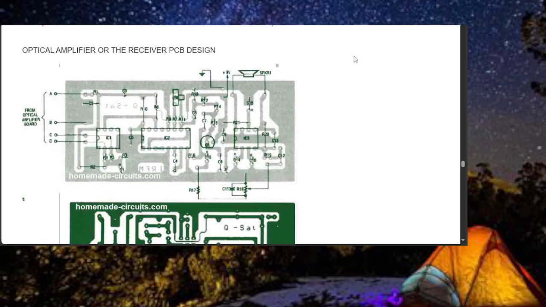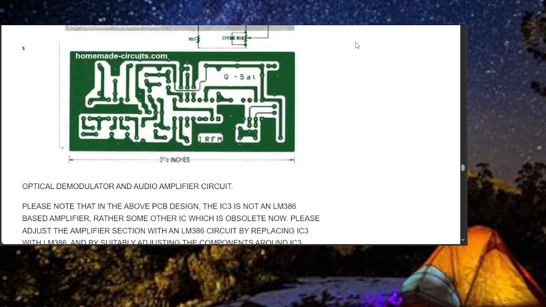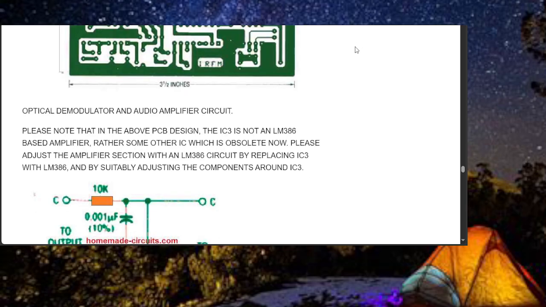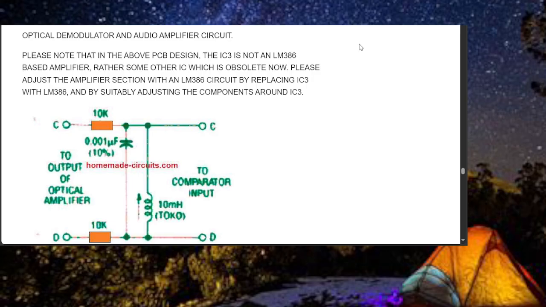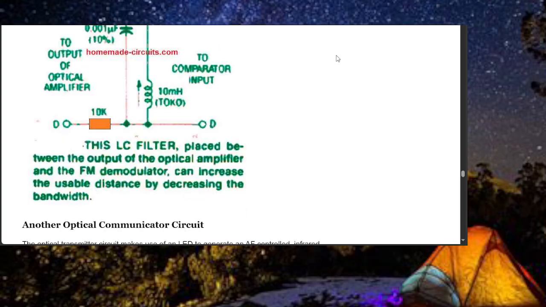Wow, let's get the layout and everything. This LC filter placed between the output of the optical amp and the FM demodulator can increase the usable distance by decreasing the bandwidth.